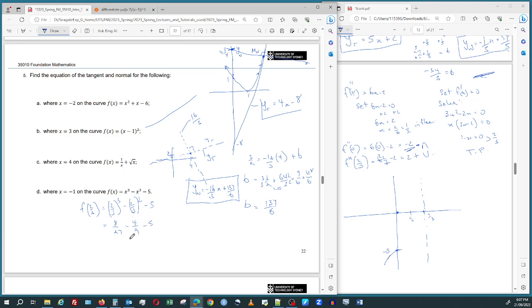So it's a lot of stuff, isn't it? 8 minus 36 is minus 28, that one's got to become 27 5s, 5, so 135. 8 minus 36 minus 135 is minus 147 plus 1 is 139 over 27.